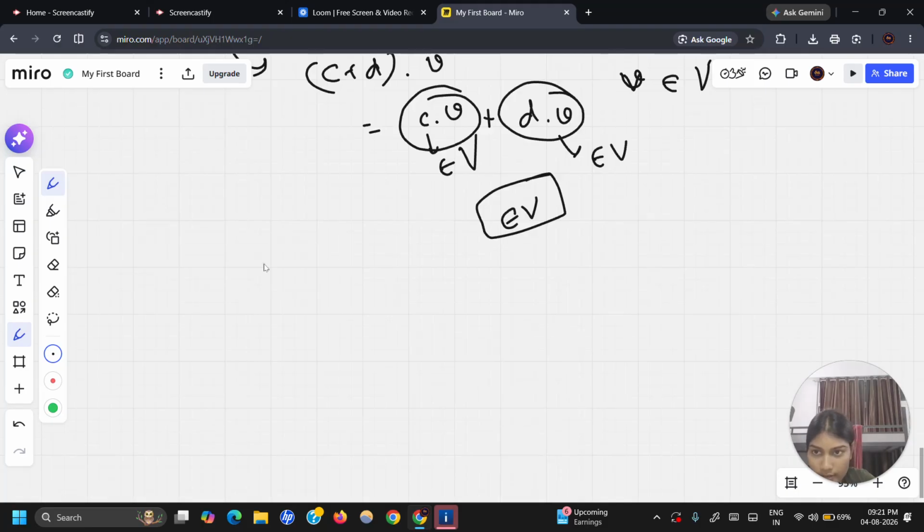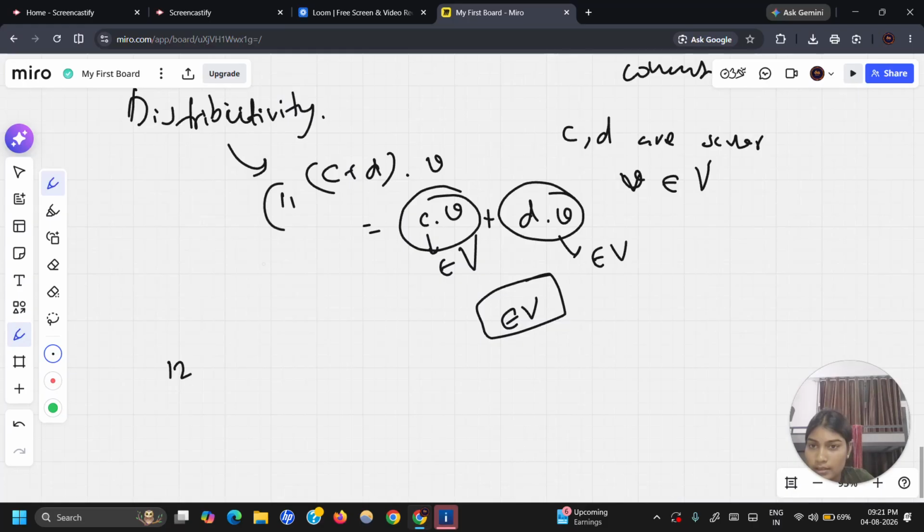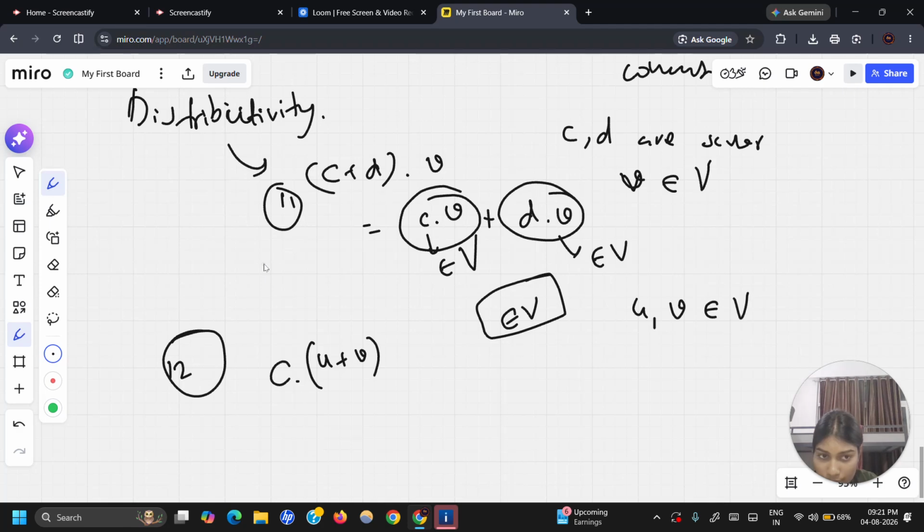And the other thing is distributivity. Yeah, this is 11, this is 12. So I'm taking one scalar multiplied with addition of vectors. So u comma v belongs to vector space, that means these two are vectors, and this is a scalar.